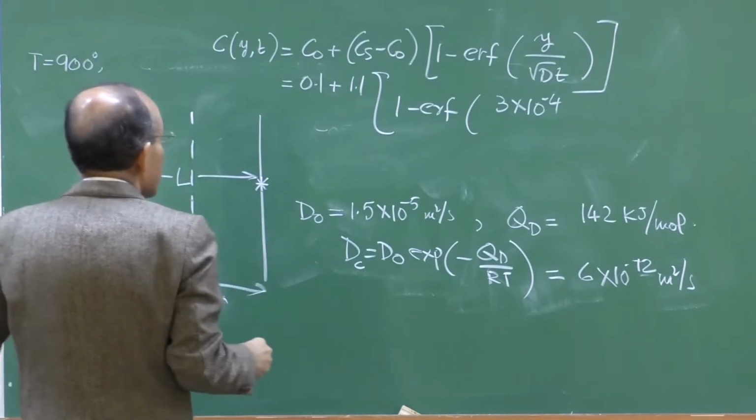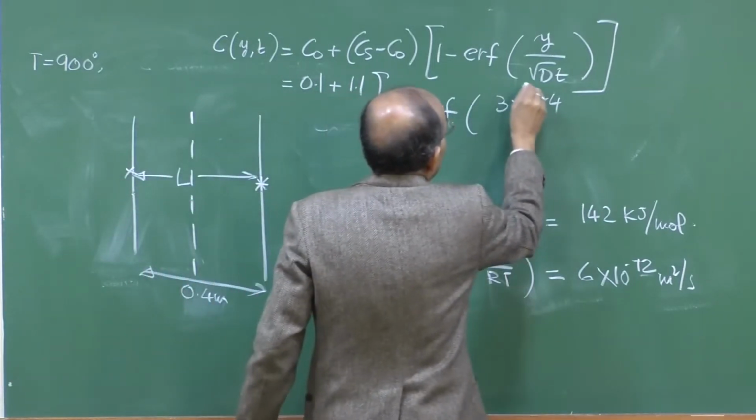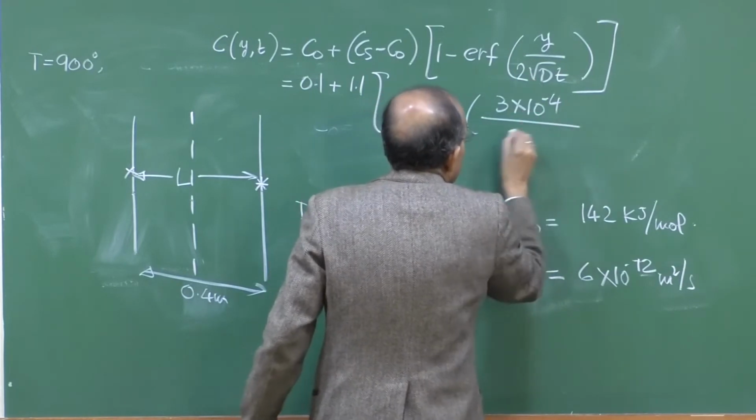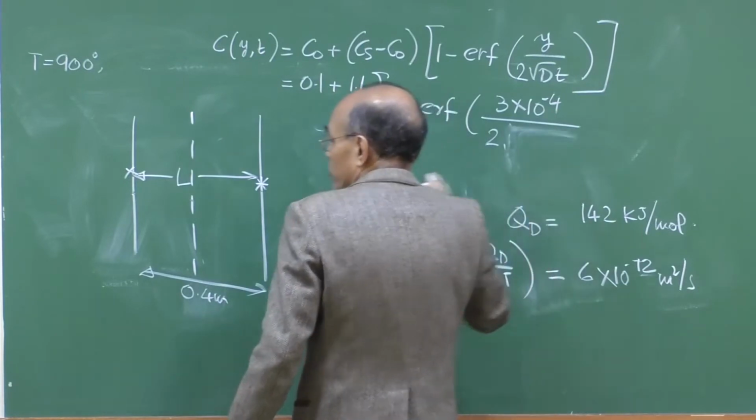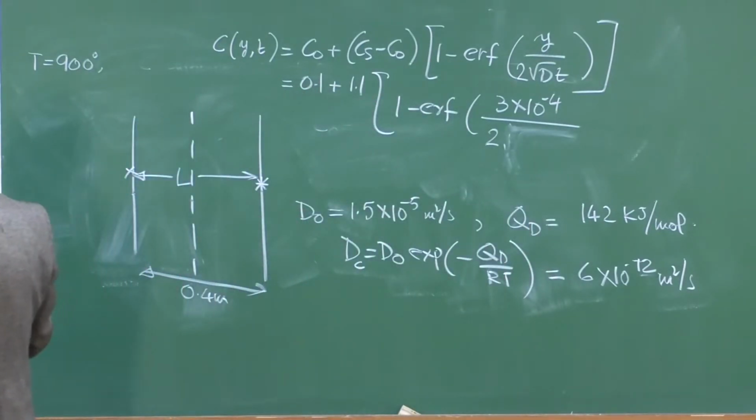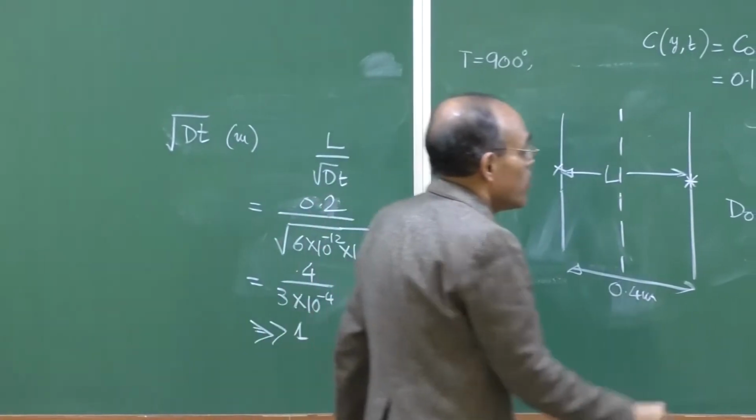So, 2 times square root of Dt. So, this is 2, and square root of Dt comes out to be, that we have already calculated here, okay, and that is 3 into 10 to the power minus 4.